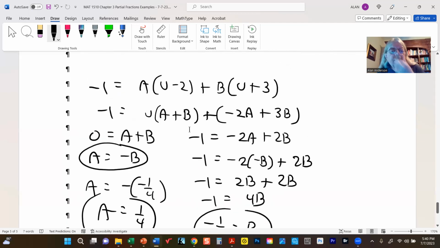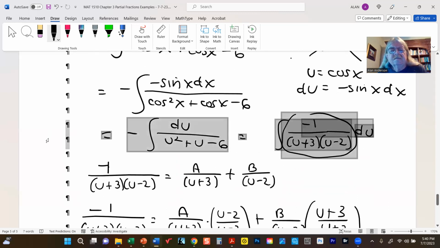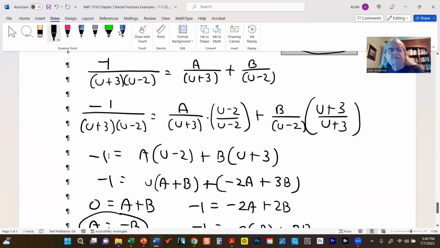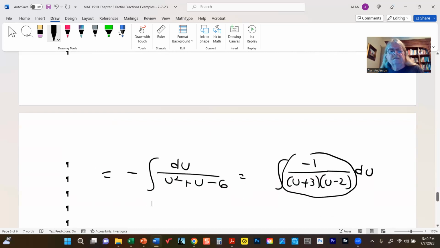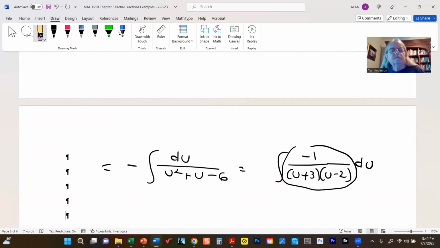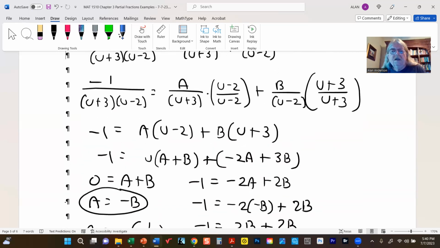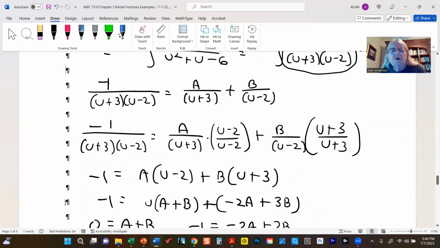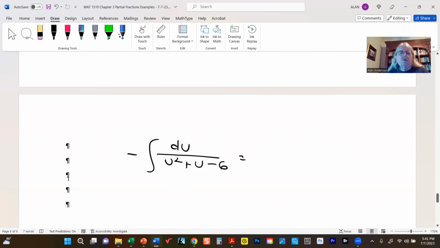All right, so the original expression in terms of u's, so we ended up with a over u plus 3, 1/4 over u plus 3.